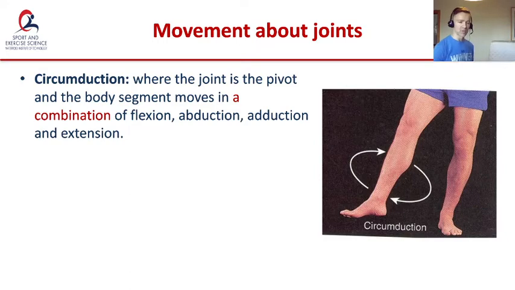So if you were to put your weight onto one foot, hold one leg out in front of you and make a circle with your leg like that guy is doing in the picture there, what you're actually doing is flexing the leg, you're abducting it, you're adducting and extending it to move it around in that circular shape. So that circle motion is generated by a combination of flexion, abduction, adduction and extension.